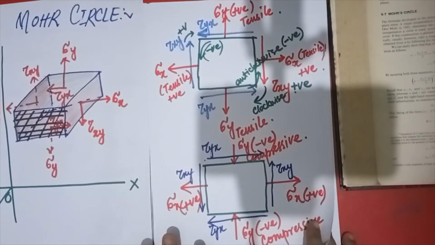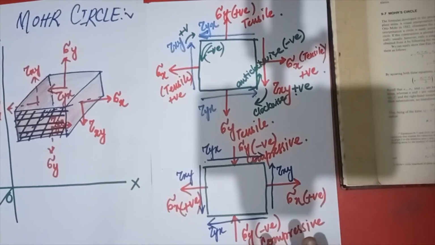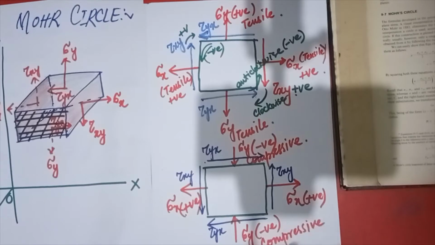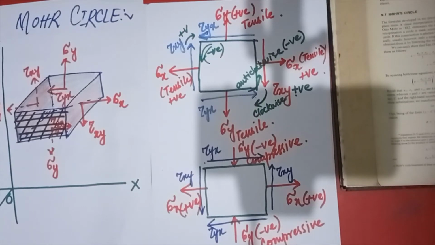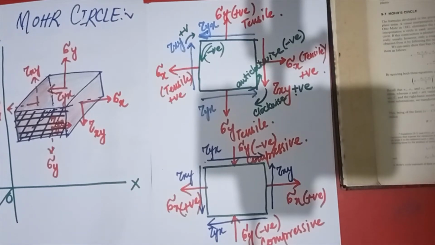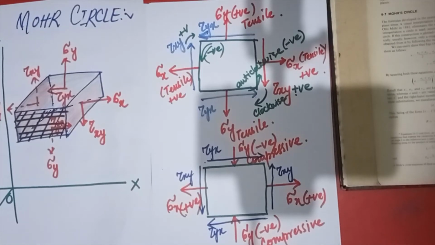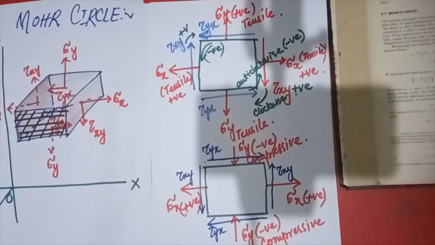When you are dealing with normal stresses, I'm talking about sigma, you need to check whether it is outward. If it is outward, it is tensile and positive, and when it is inward, that is compressive and negative. For the shear stresses, the picture is completely different. You have to check whether it is clockwise or anti-clockwise.